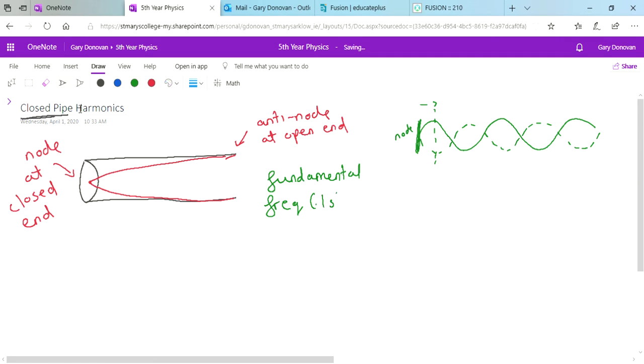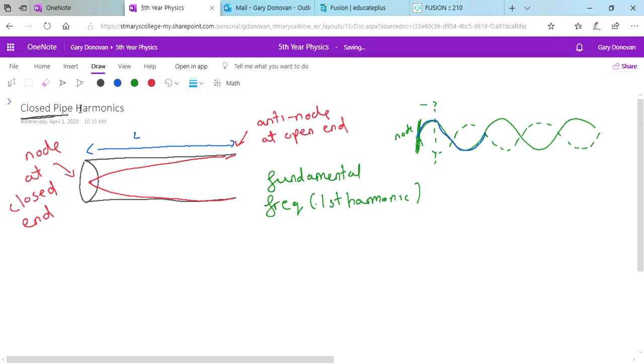Or our first harmonic. You should be used to what I'm doing here because we went through it in detail in the last lesson. Now there is something that's different to the other ones. Let's say we call the length of this pipe L. Well, what is L in terms of a wavelength? One full wavelength would be one full peak and one full trough.